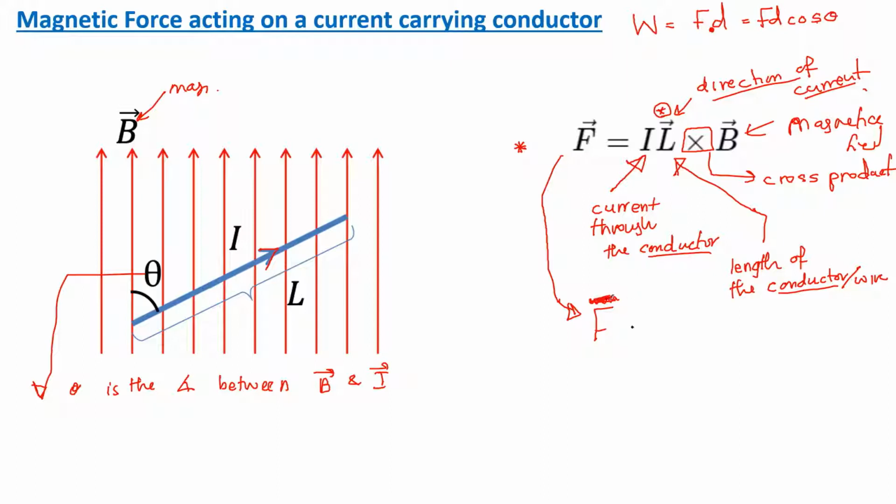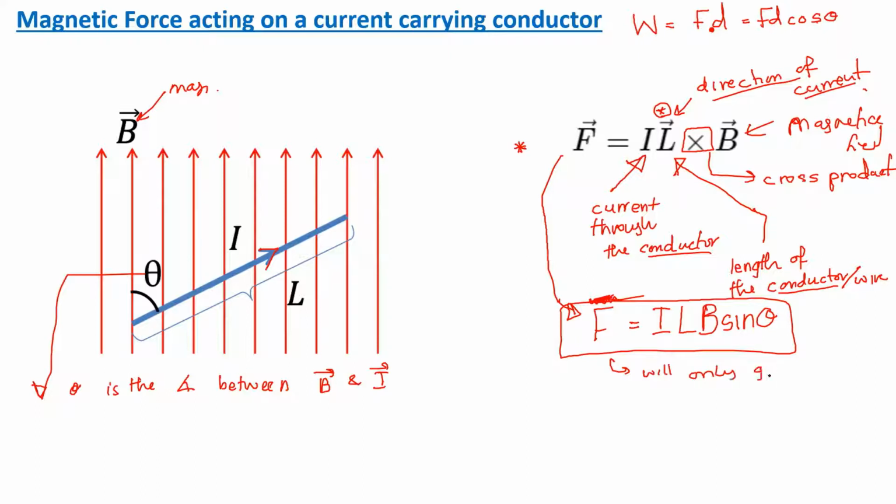So force is given by current, length, value of the B field times sine theta. This equation will only give you the magnitude.